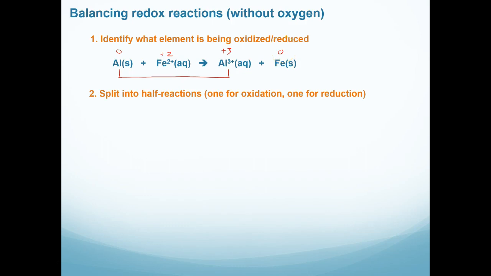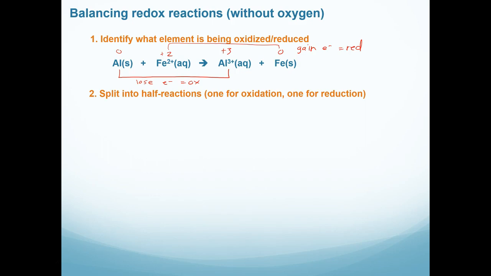So now if we want to see what's being oxidized and what's being reduced, we are losing electrons from the aluminum. So Leo the lion, if we're losing electrons, that means we're being oxidized. And then for the iron, since we are gaining electrons, we are being reduced. Right? So the next thing is we can split it into half reactions.